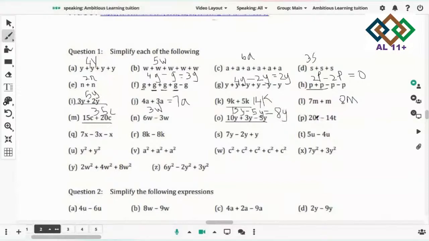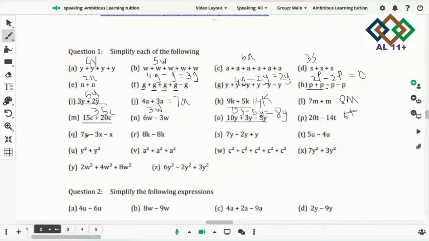P is, you do it T, 20t minus 14t. So we are on P now. You have to do 20 minus 14. That's 6t. Now we are on Q.